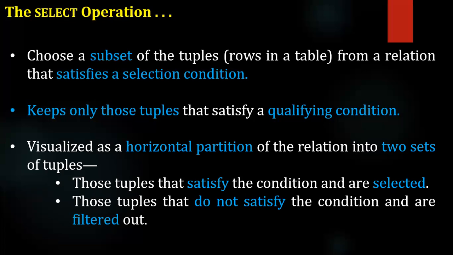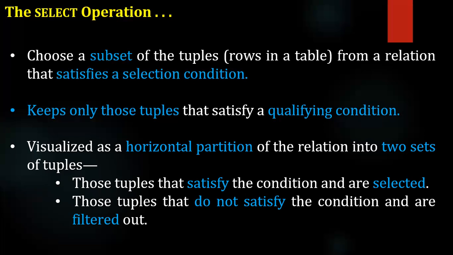Now after applying the select operation, the relation will be divided into two parts, and the division is done in a horizontal way. That is, it will perform a horizontal partition of a table into two sets of rows.